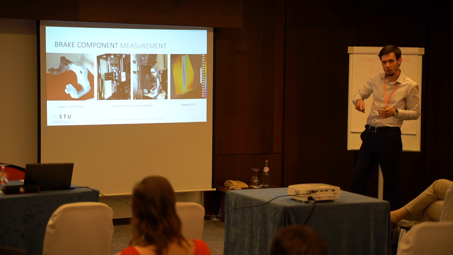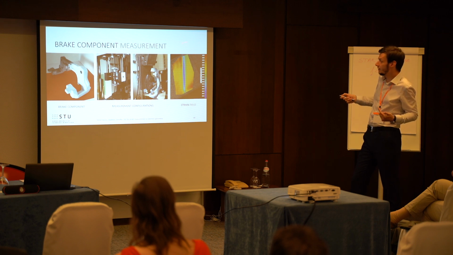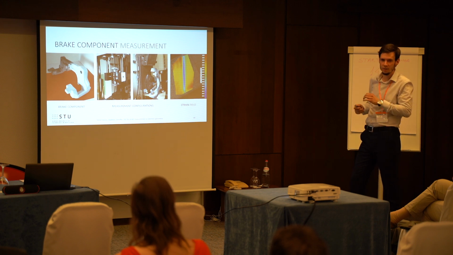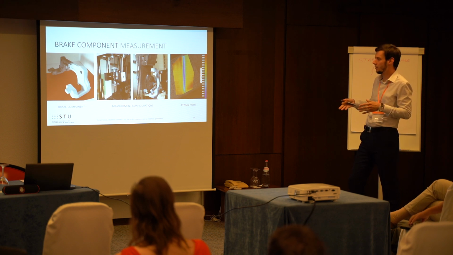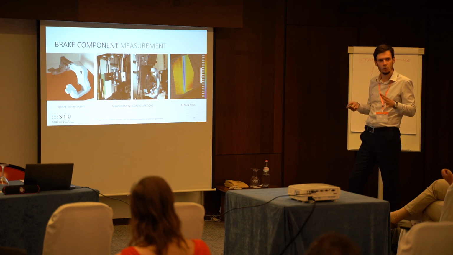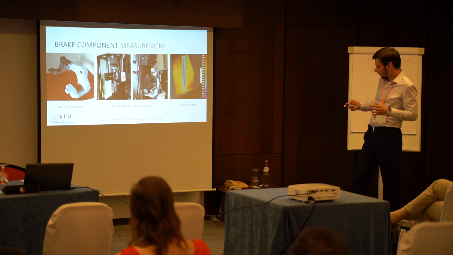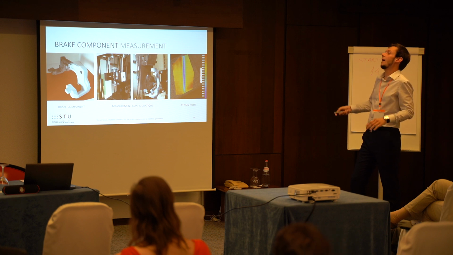It satisfies that condition that I mentioned in a previous slide, and it gives us a very good result. We compared the result with the finite element model, and the difference was only 2 or 3%. So we consider it a good measurement.